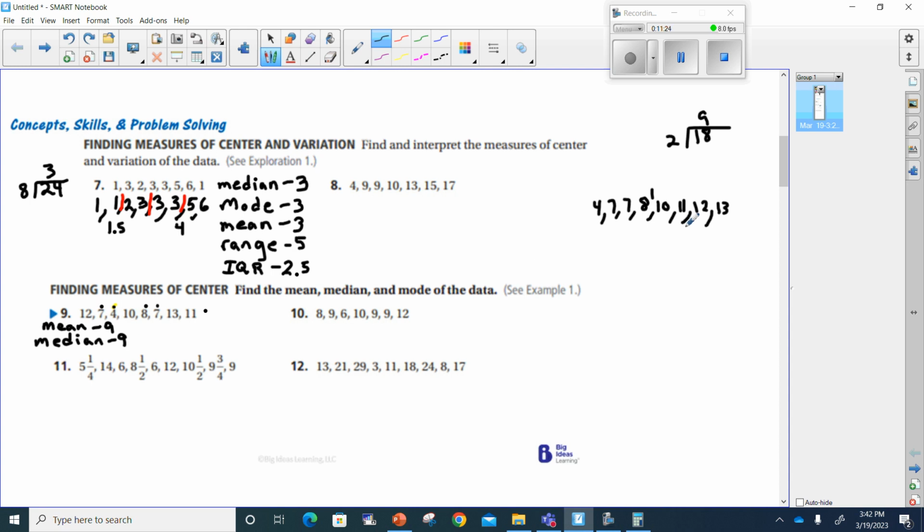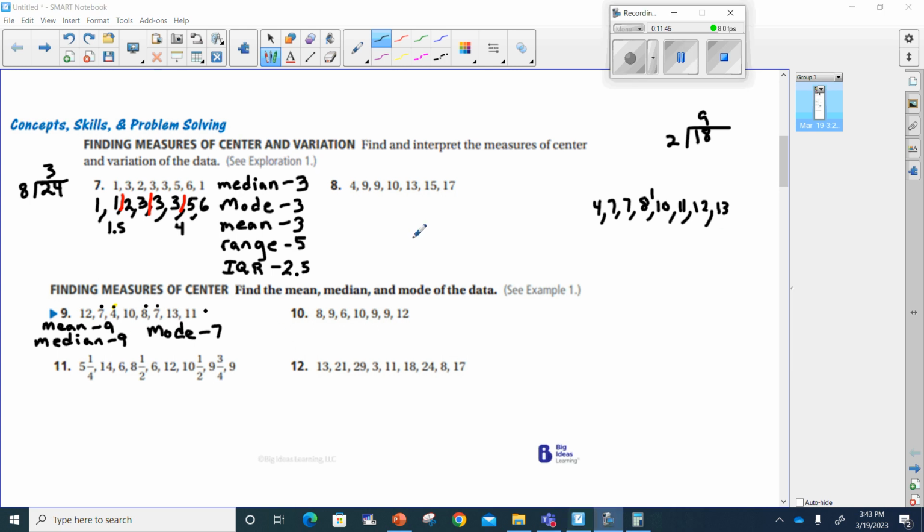Now for the mode. The only number that repeats itself is 7. So the mode has to be 7. All right, so the mean is 9, the median is 9, and the mode is 7.